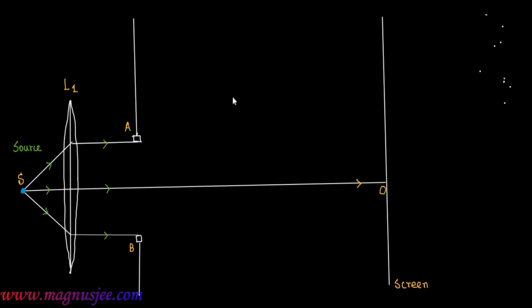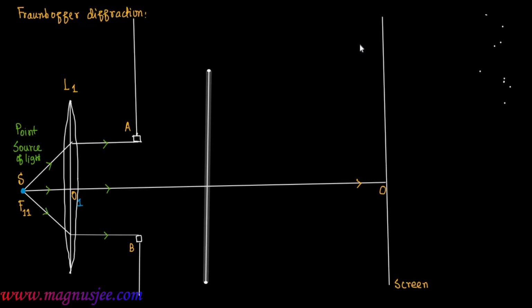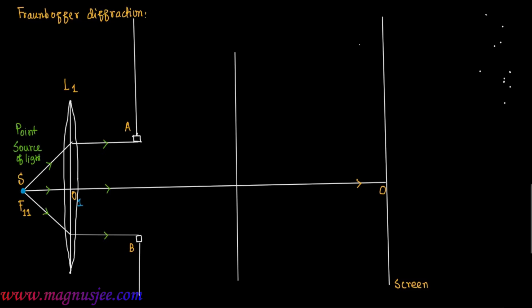S is the point source of light, placed at the first principal focus F1 of the convex lens L1. Through the convex lens L1, the incident rays come out parallel to each other and are incident on the aperture AB.